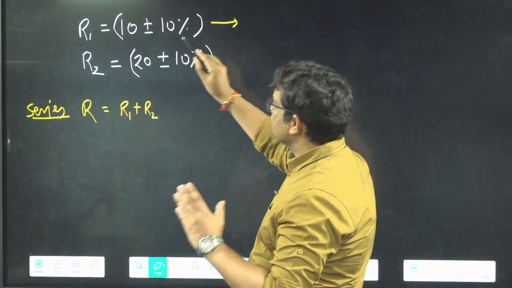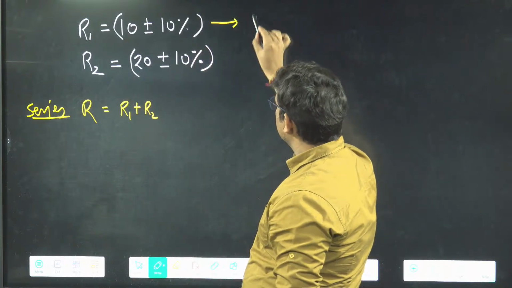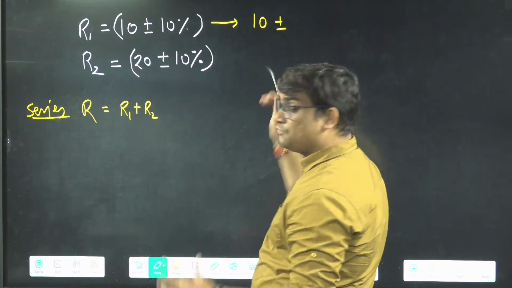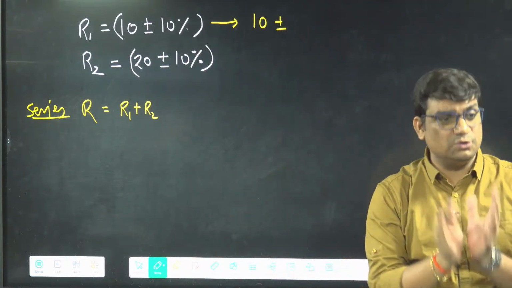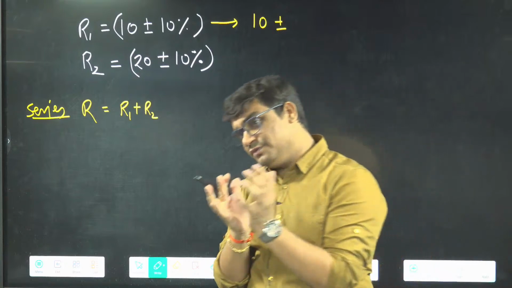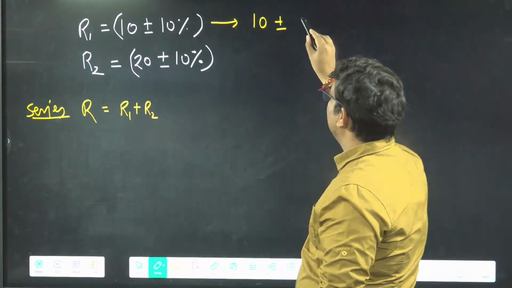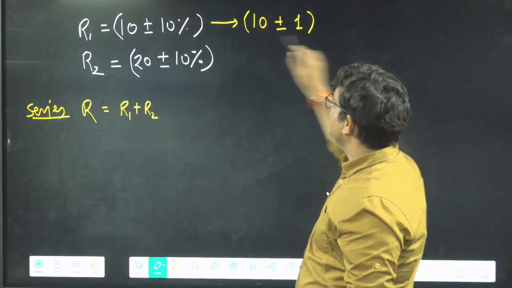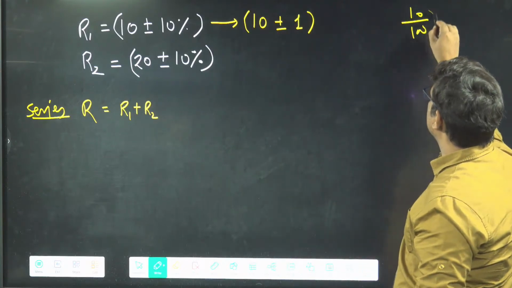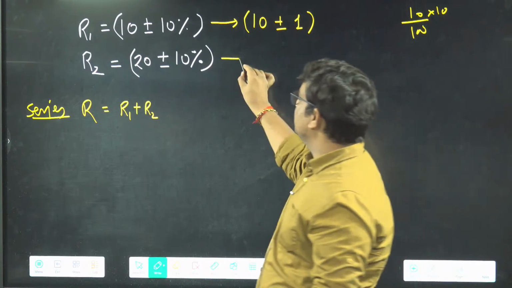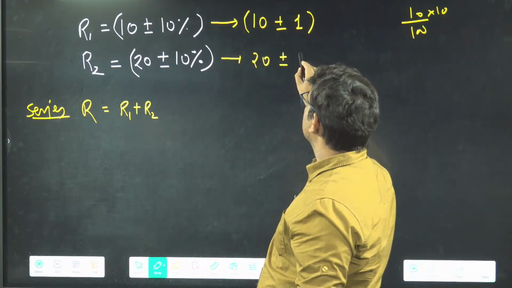Now I will go here. We have 10 plus minus 10%. First of all we need to convert this into absolute terms, because only with absolute values can we add the plus and minus. 10% of 10 is how much? 1, because you can write 10 by 100 into 10. And this one will be 20 plus minus 2.